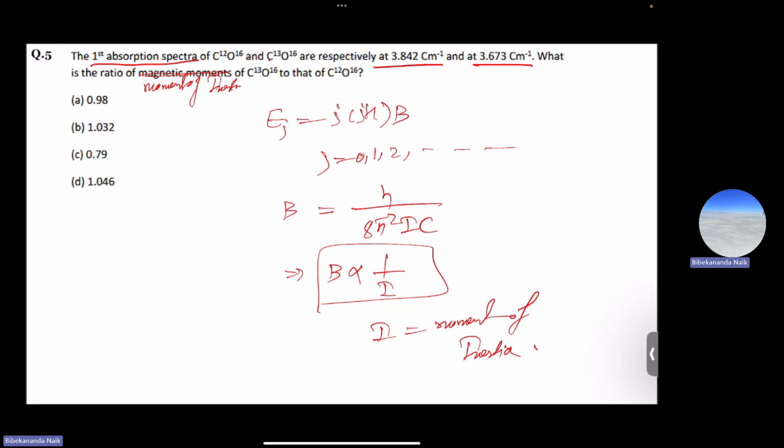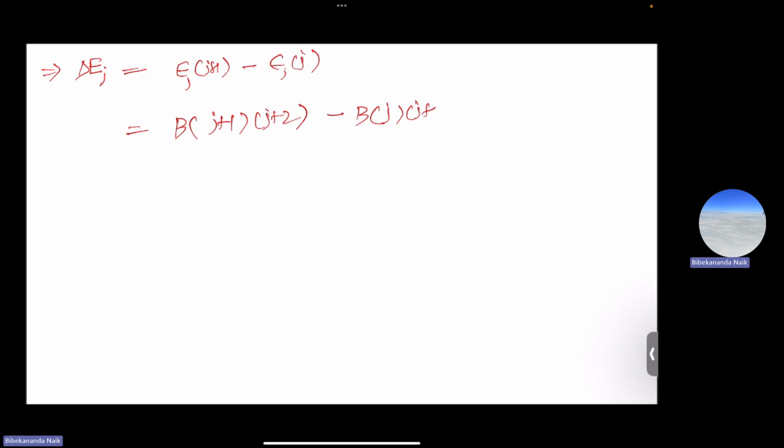If we talk about the expression, delta E, we can say it will be E for J plus 1 minus E for J. So it will be B (J plus 1)(J plus 2) minus B J (J plus 1).